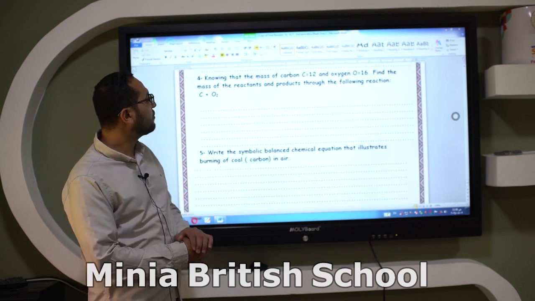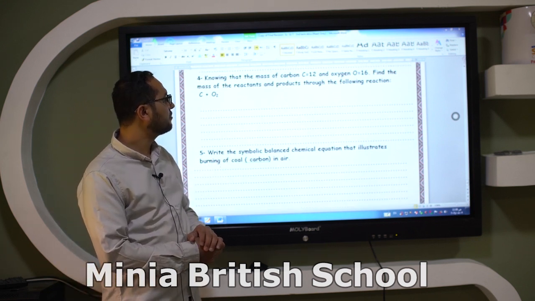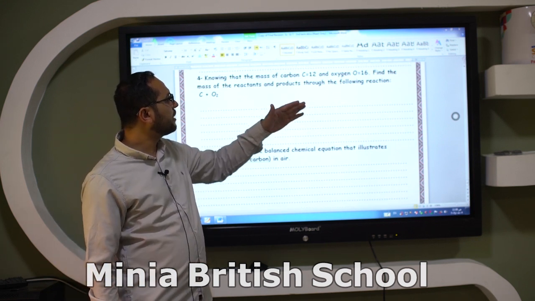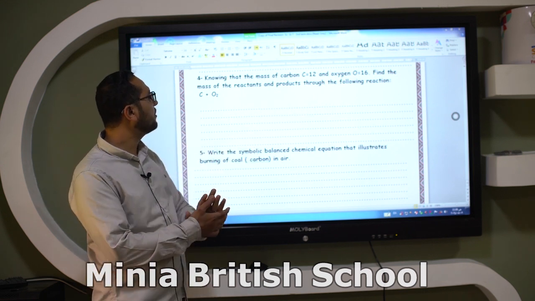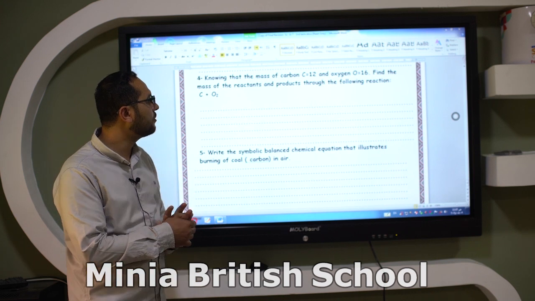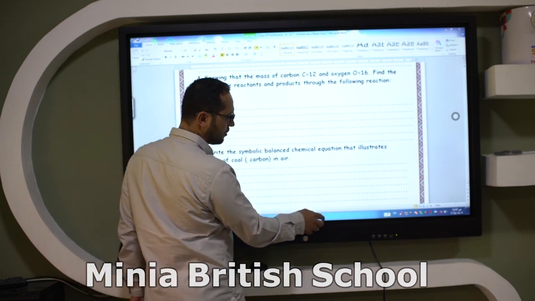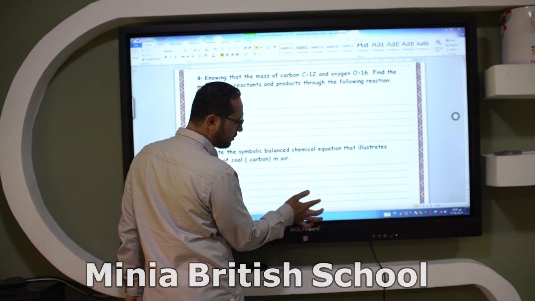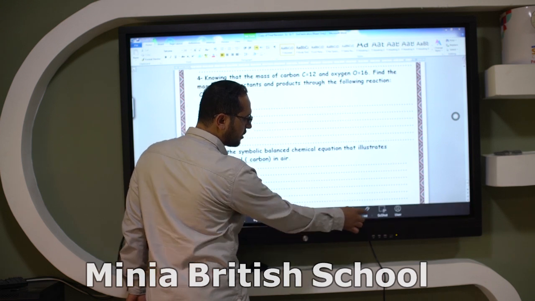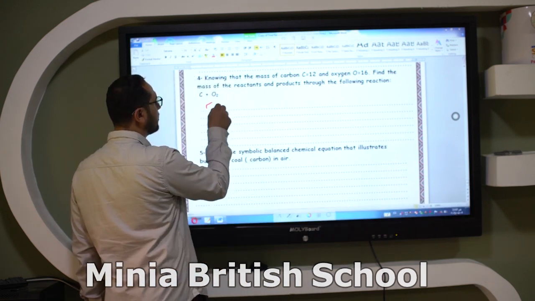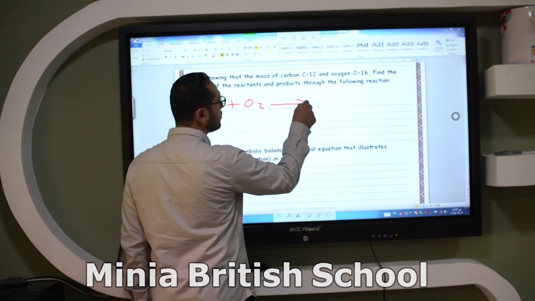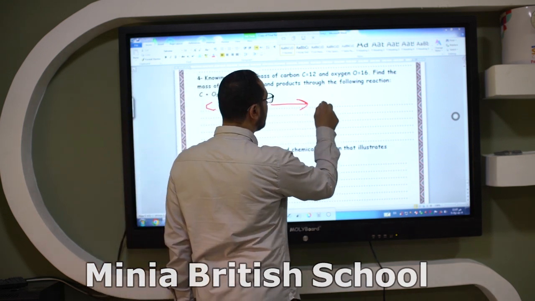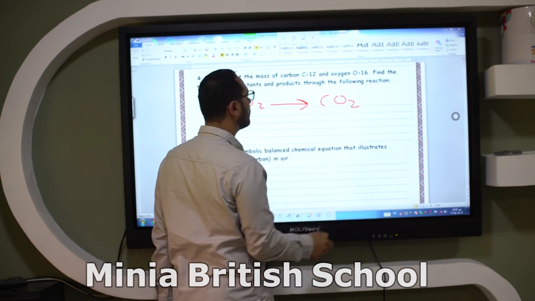Knowing that the mass of carbon C equals 12 and oxygen O equals 16, find the mass of the reactants and the products through the following reaction. So we must write the chemical equation. C plus O2 forming CO2.